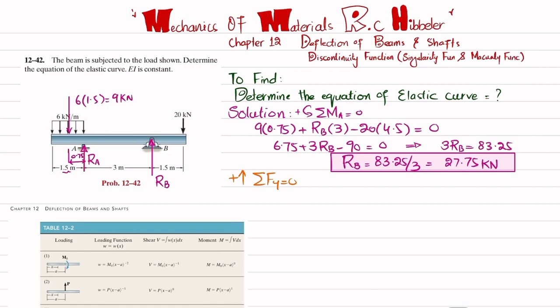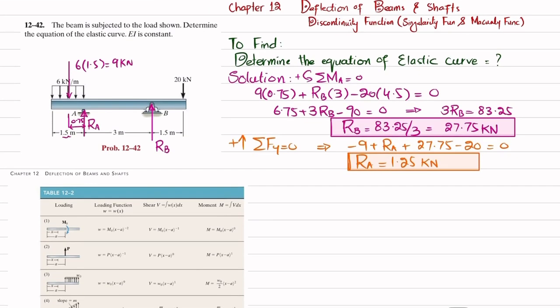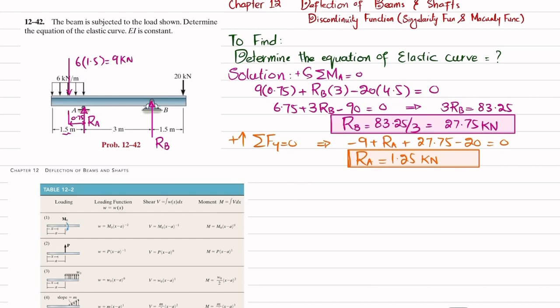So minus 9 plus RA plus RB, which is 27.75, minus 20 equals 0, and when you calculate it you will get RA equal to 1.25 kilonewton.